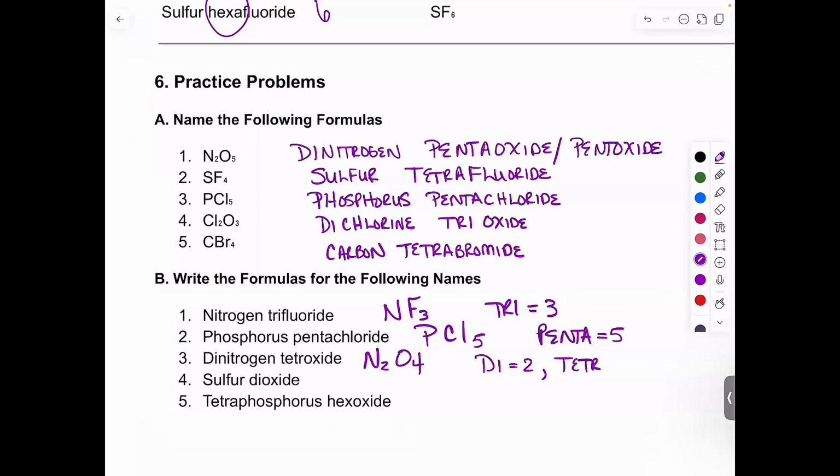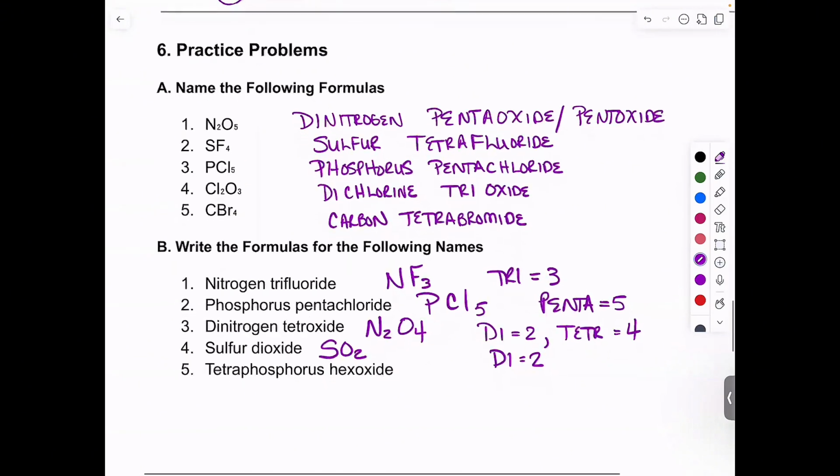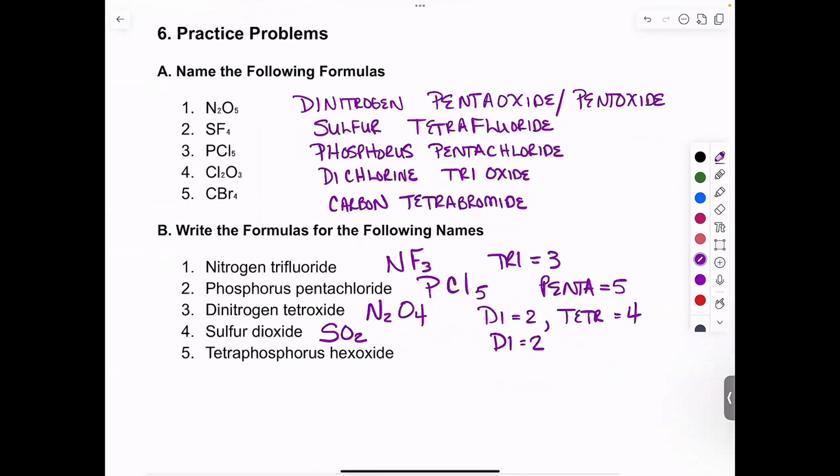Tetro, that's our 4. So we have N2O4. Sulfur dioxide, 1 sulfur, 2 oxygen, because di is our 2. And then last but not least, we have tetraphosphorus hexoxide. Hexoxide, that's a tongue twister.